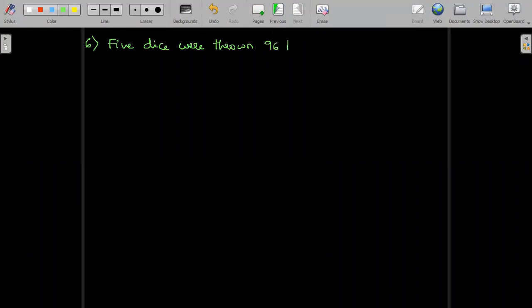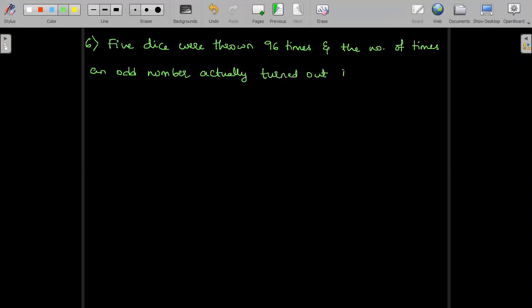96 times, and the number of times an odd number actually turned out in the experiment is given.